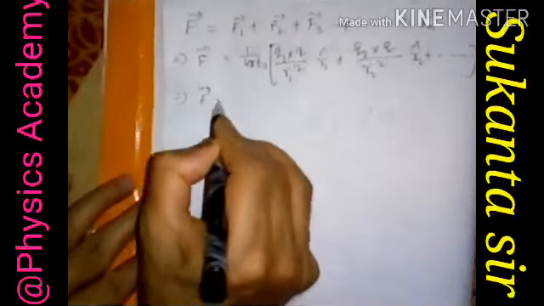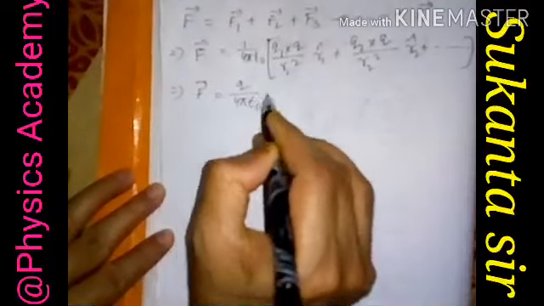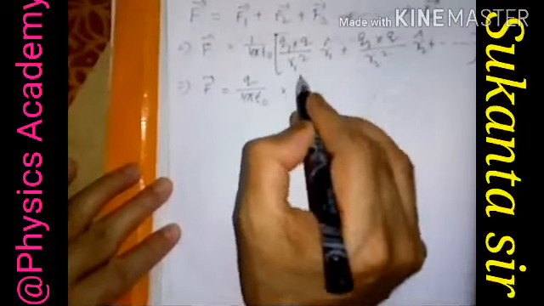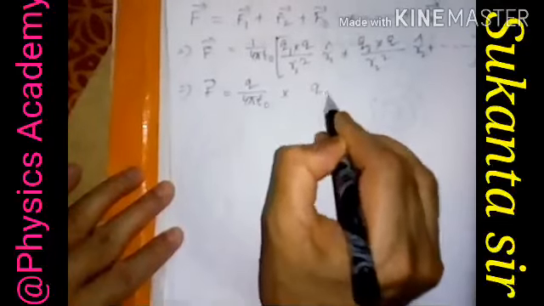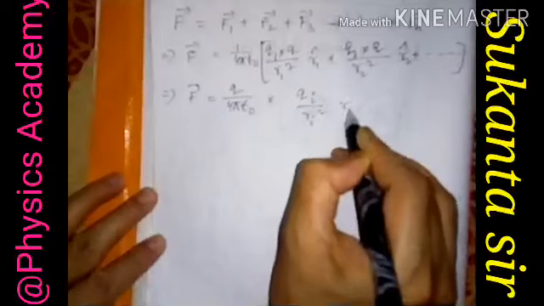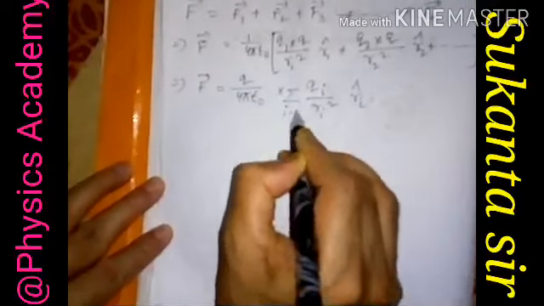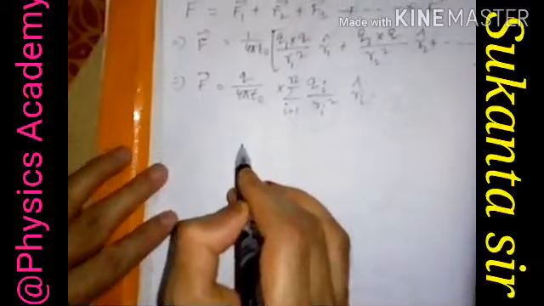F vector equal to q by 4 pi epsilon naught, summation of qi by ri square into ri cap, i from 1 to n.